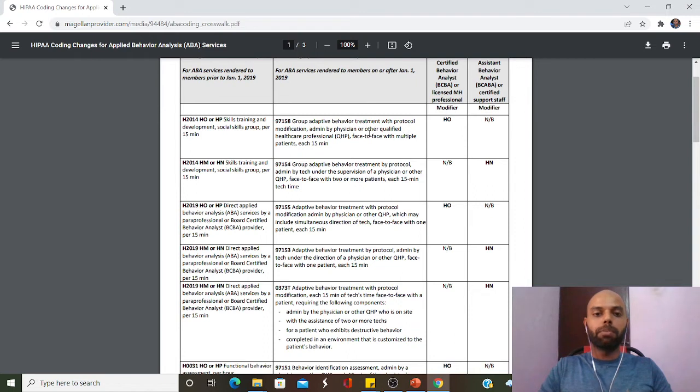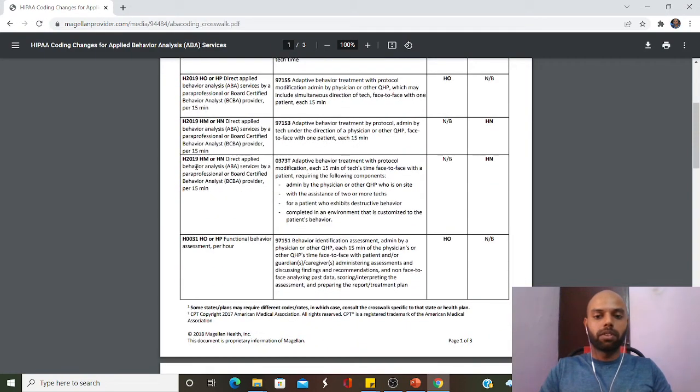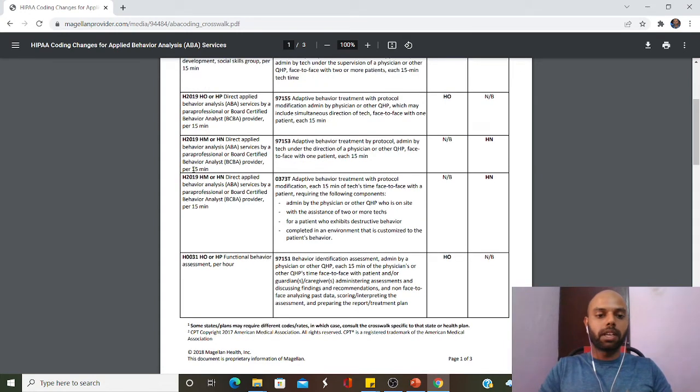If you're billing for a BCBA with H2014, we have to give the HO modifier. So like that, they have given CPT codes with the modifiers. For example, here they have mentioned direct therapy, H2019. They have mentioned the HN modifier.